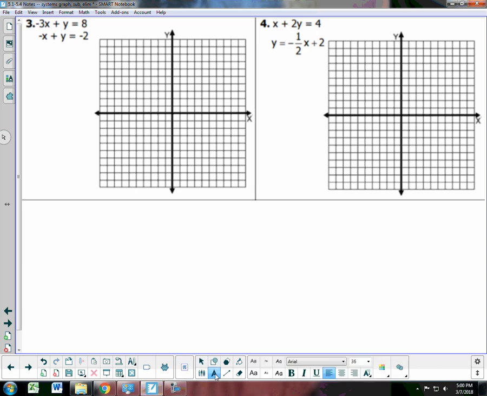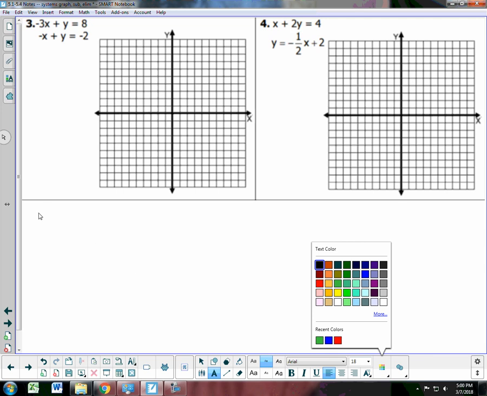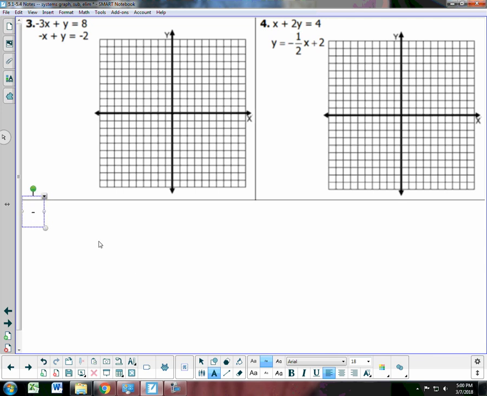So let's rewrite that as negative 3x plus y equals 8. And we want to eliminate the negative 3x. So I'm going to add 3x to both sides.